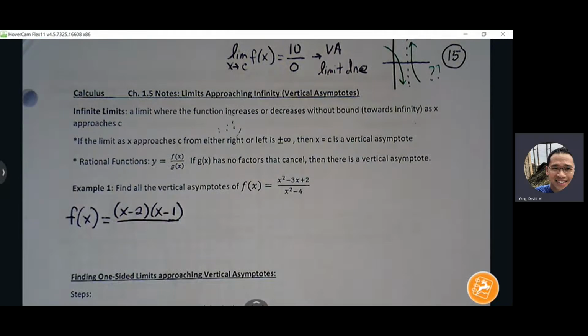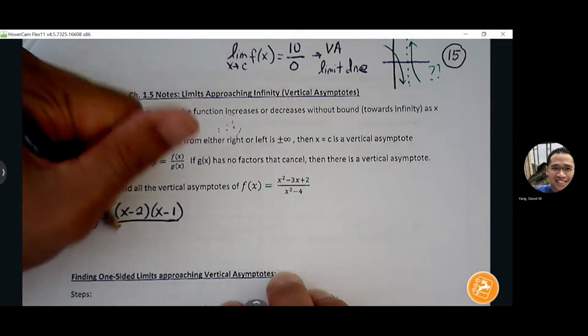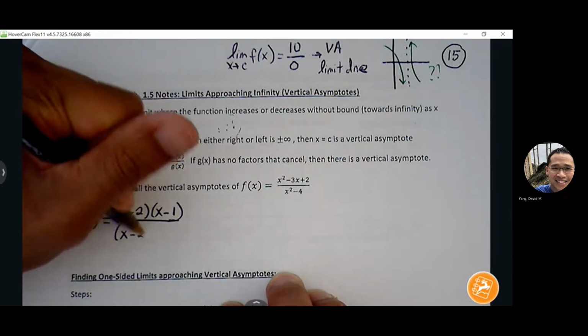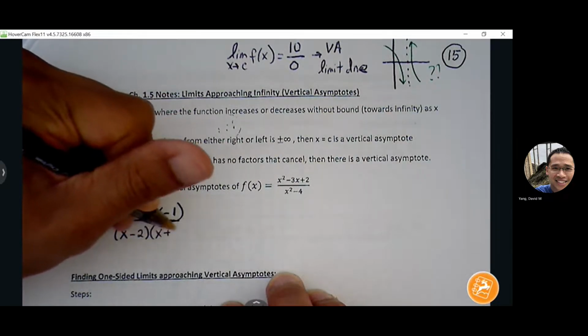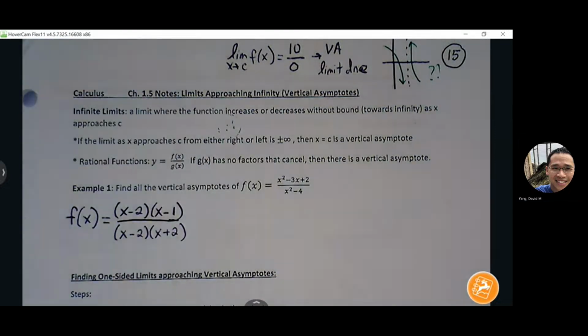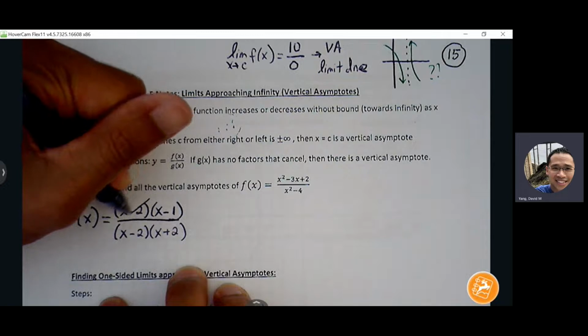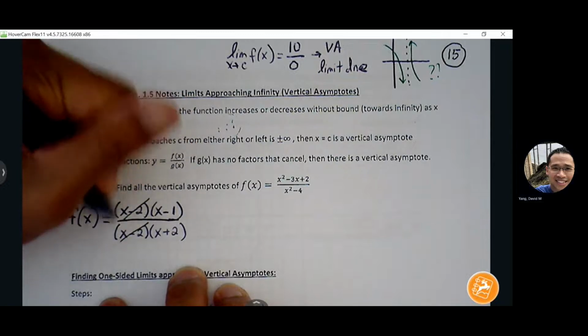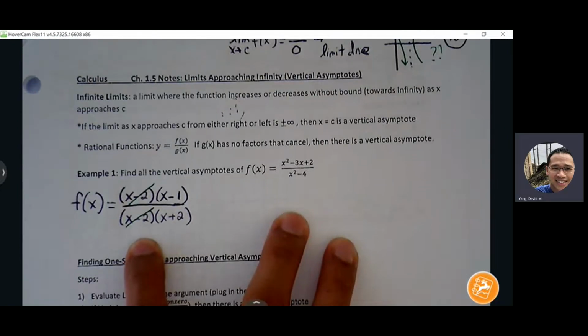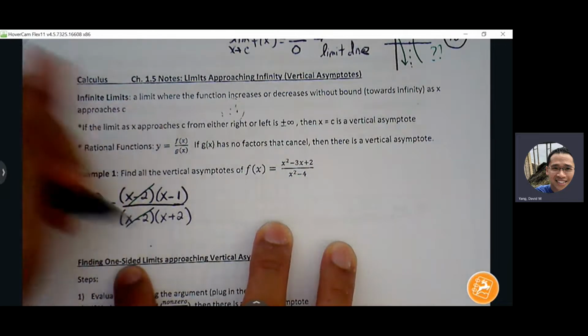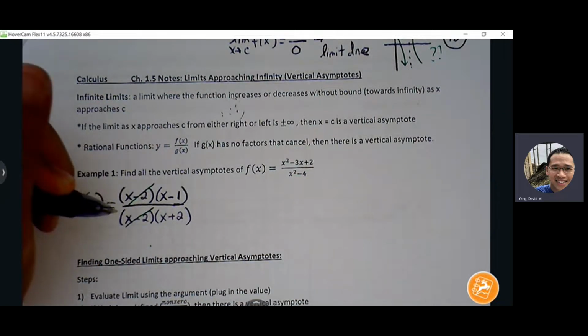x squared minus 4, difference of squares. Okay. Now, do you see any factors that cancel out? Yes. And what does that tell us about what we can find here? That means there's a what? There's an asymptote. Not an asymptote, but a hole.